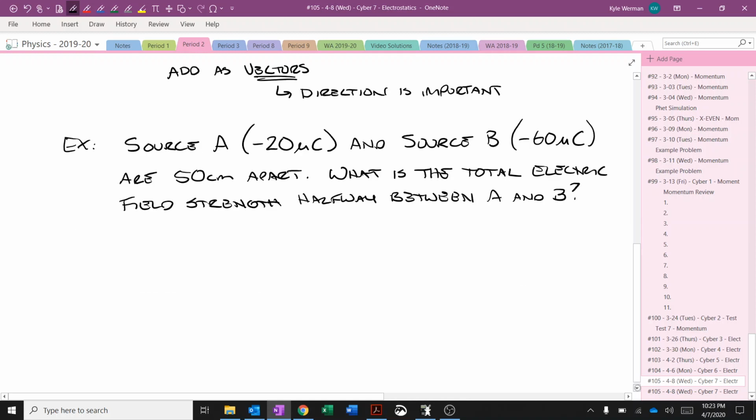So again, a typical problem. Some people call this a superposition problem because you're superimposing two different fields together.